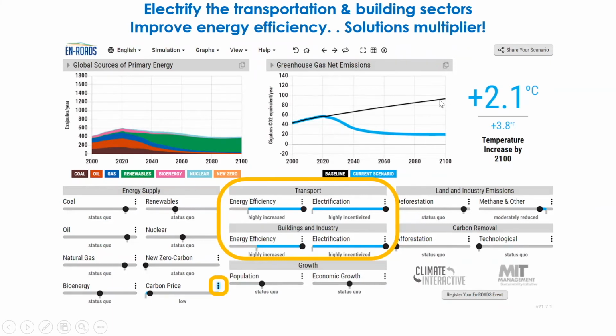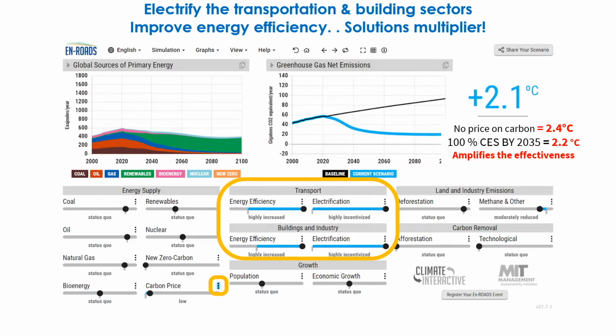So if we put both the price on carbon and institute those other initiatives, we actually can get down to 2.1 degrees C average global temperature increase. And remember, without a price on carbon, we were only at 2.4 degrees. With a 100% clean electricity standard, you'd be at 2.2 degrees. So the clean electricity standard and the price on carbon really amplify the effectiveness of energy efficiency and electrification.